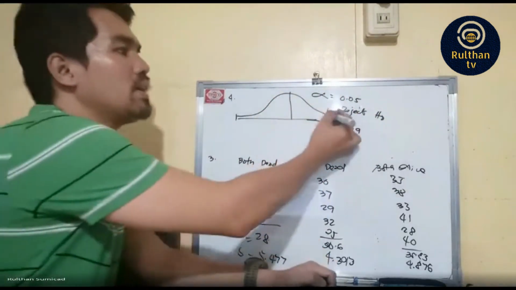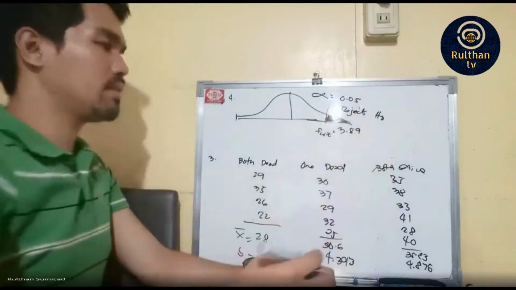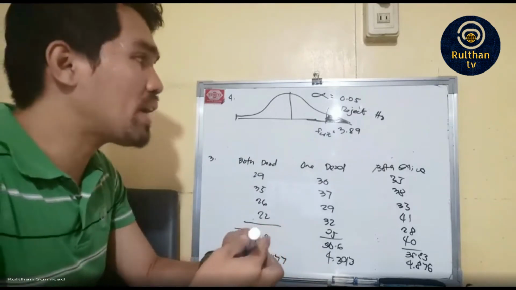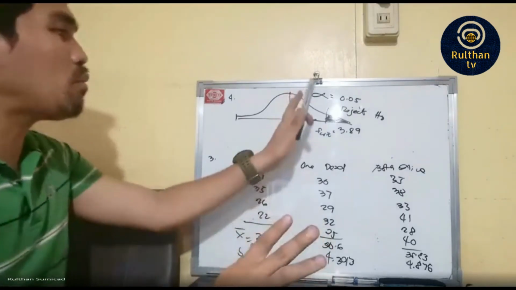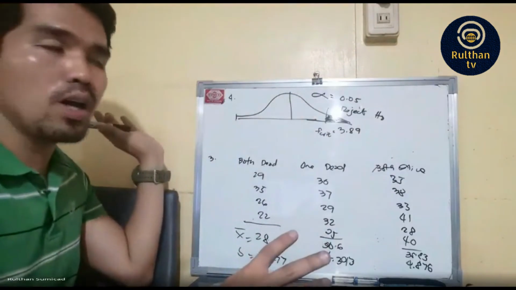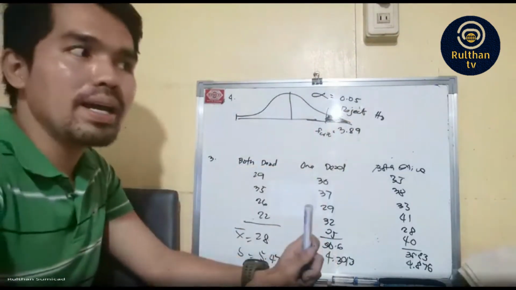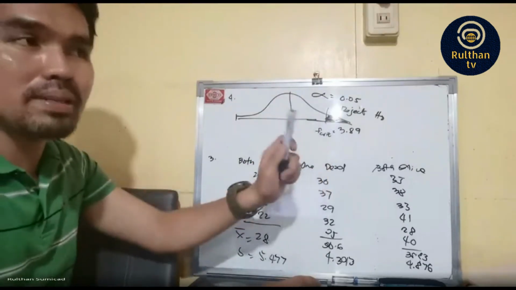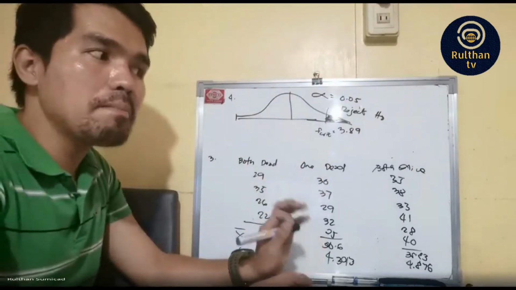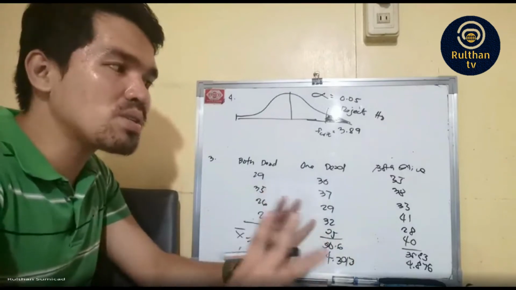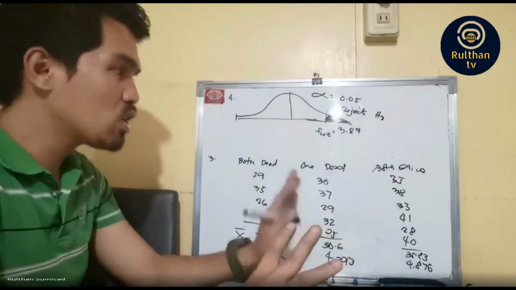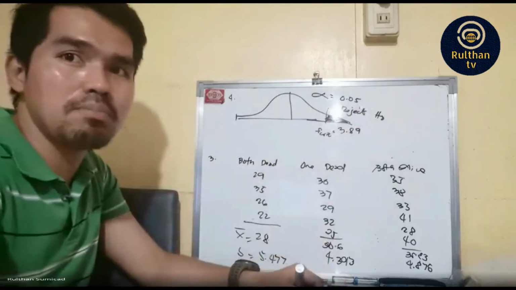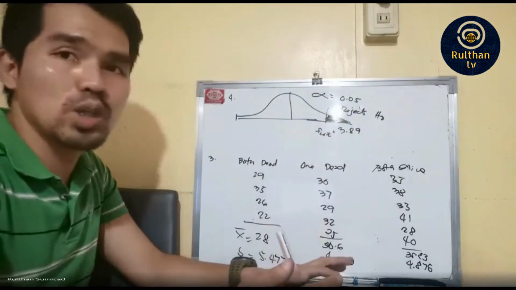Also, there is no way that our computed F will be negative, because remember, F is MS between over MS within, and they are all mean squares, so it is squared. Therefore, there is no such way that our answer becomes negative. All the rejection region falls on the positive area. That's why it's skewed to the right.